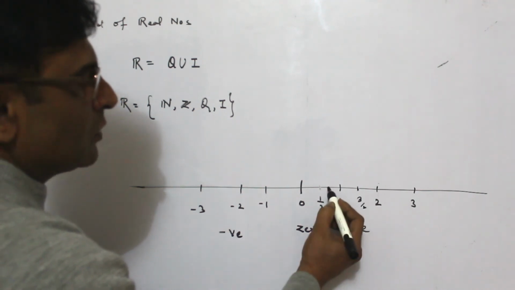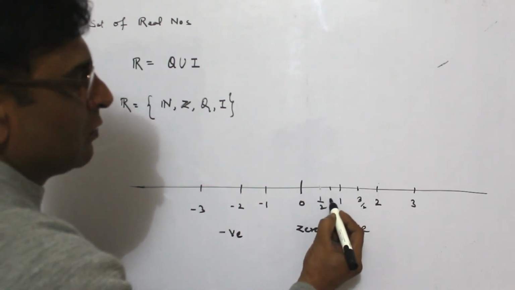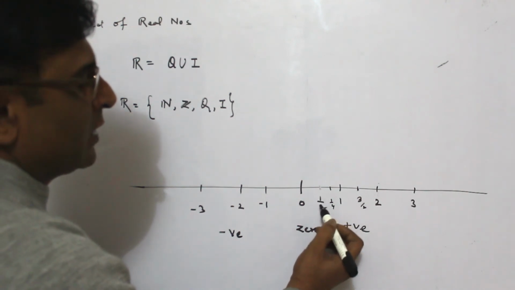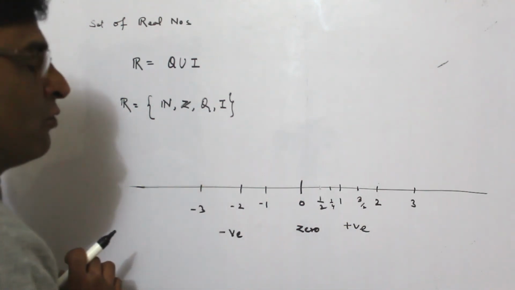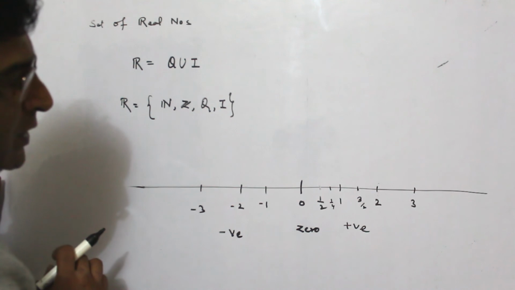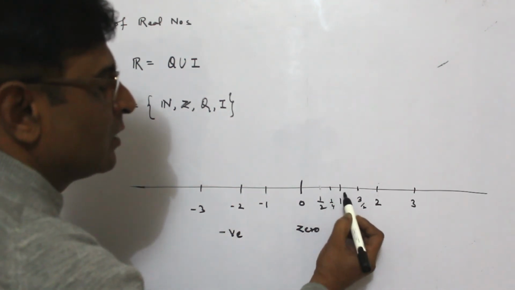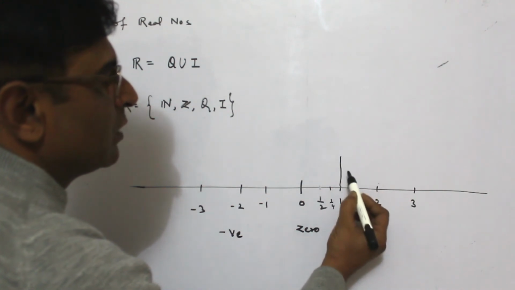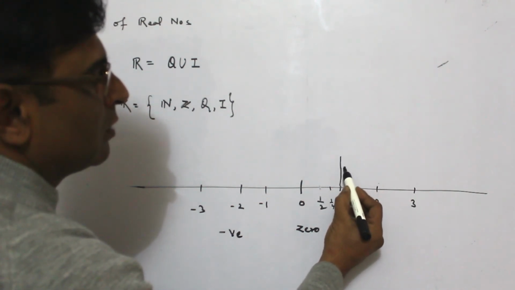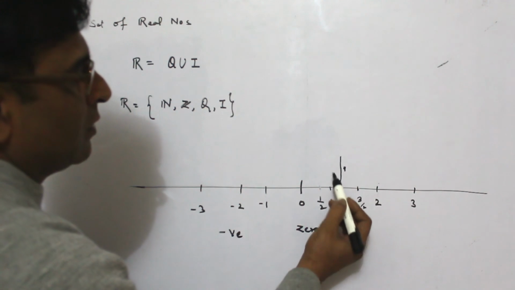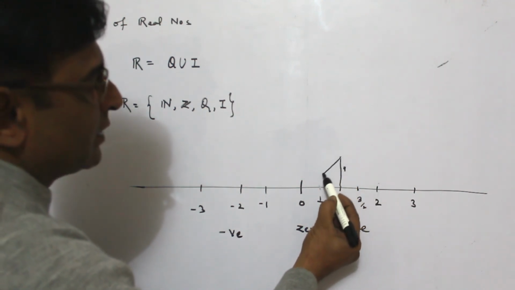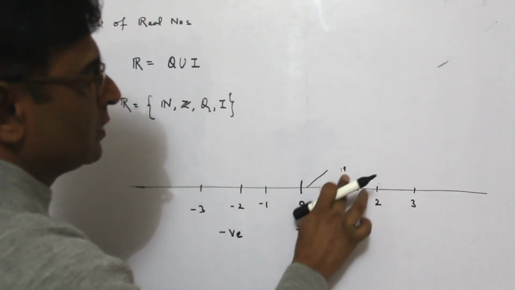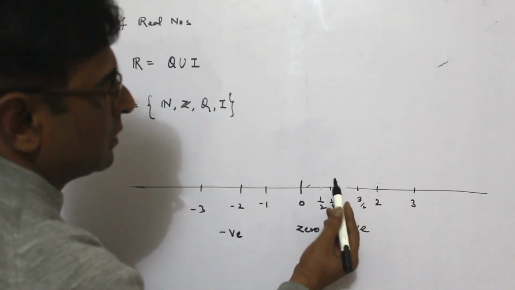So here also points like 1 by 4, and similarly, if I make under root 2, then I draw a side of a right angle triangle.